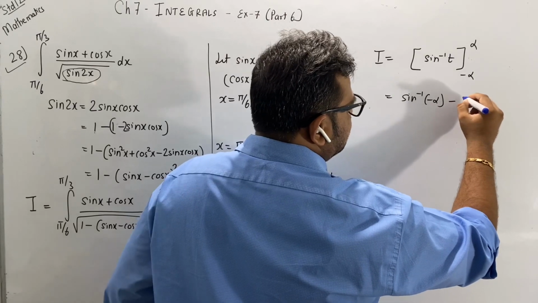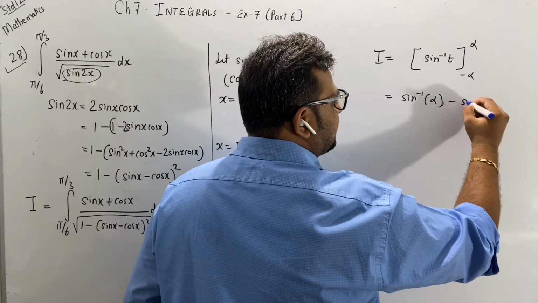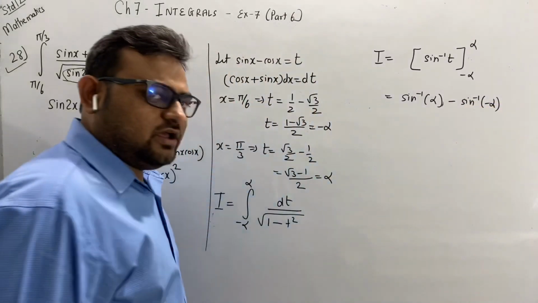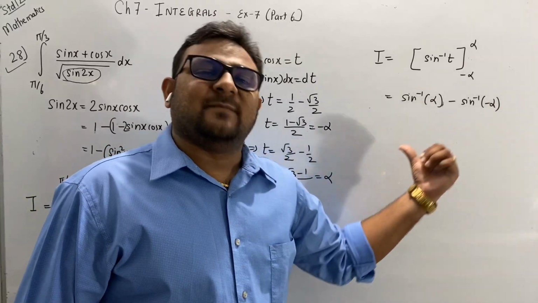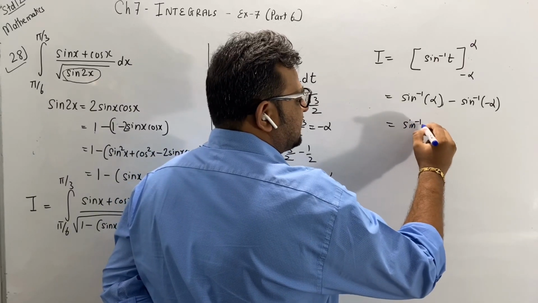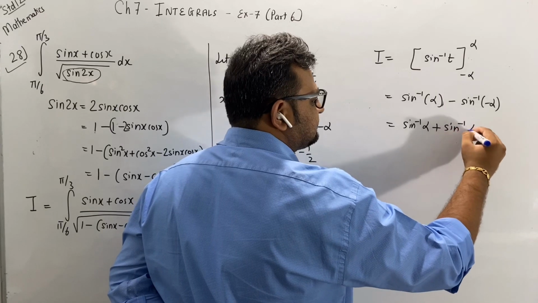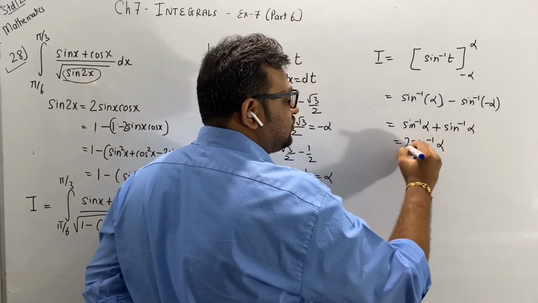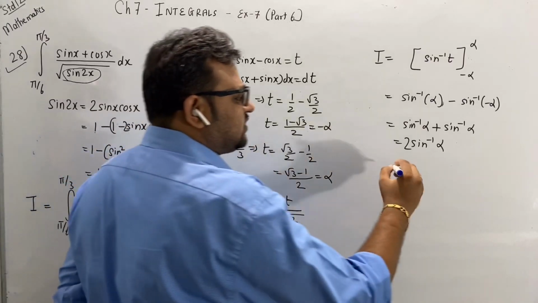We know that sin inverse of minus x is equal to minus sin inverse x. So this will be sin inverse alpha plus sin inverse alpha, which equals 2 sin inverse alpha. Now let's put in the value of alpha, root 3 minus 1 by 2.